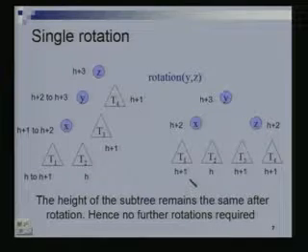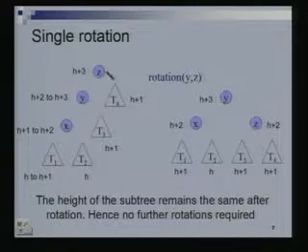So the height of the subtree remains the same after the rotation, the same as whatever was the height before the insertion. H plus 3 was the height before the insertion. So after we inserted and did the rotation, the new height also becomes h plus 3.